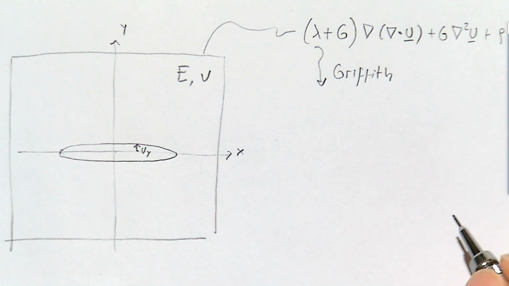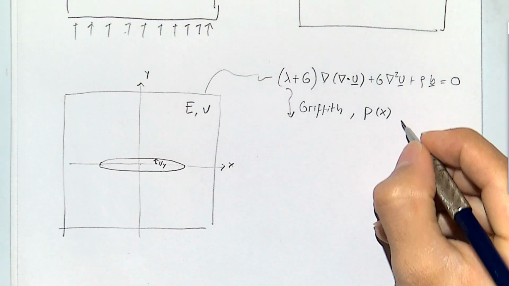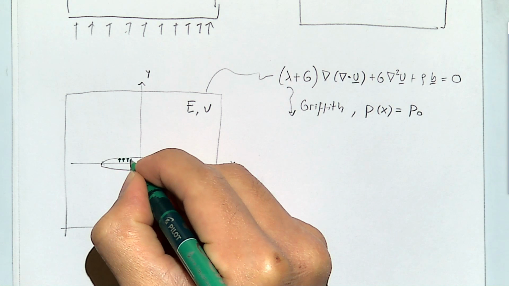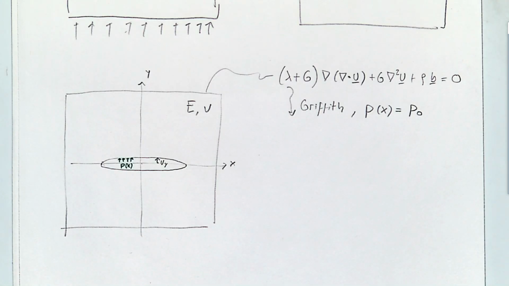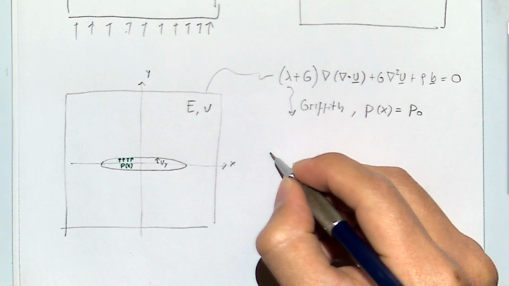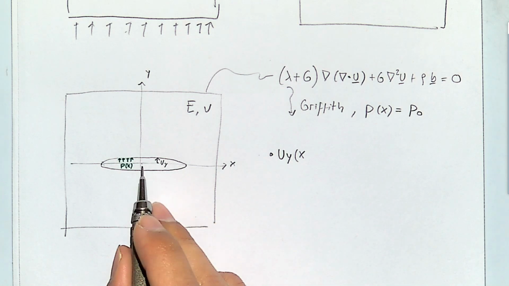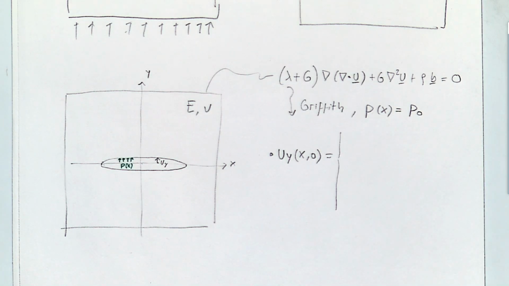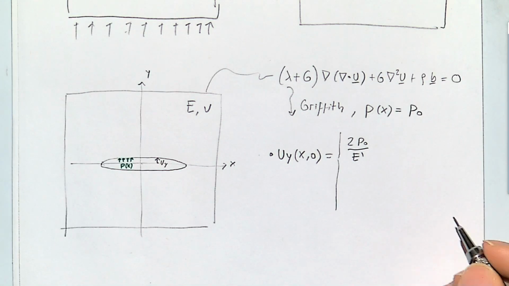What he found is that whenever you have a pressure in the fracture that may not be constant, but for now we're going to assume constant with a value P0, where the pressure in the fracture is going to be all around the fracture equal to P as a function of x, but in this case constant, the displacement as a function of x at y equal to 0, if it's inside the fracture, is going to be equal to 2 times the net pressure, which is constant, divided by something which is called the plane strain modulus.